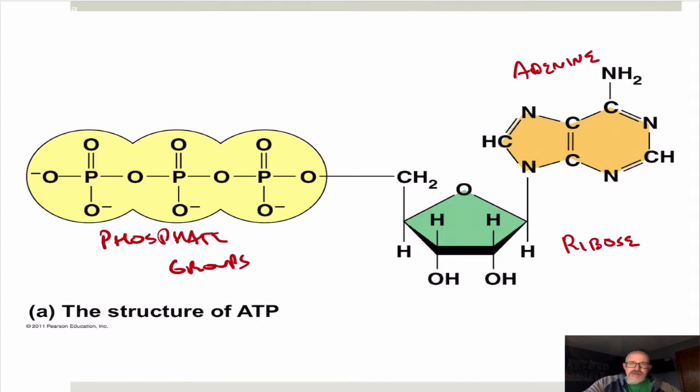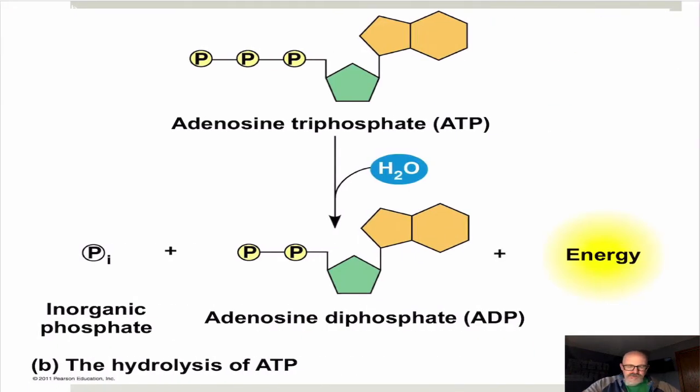Now, once you start to make this stuff, there is a lot going on with how it stores energy. There's this idea that the bonds between the phosphates in that ATP tail, so when you look at this portion right here, this tail, is where a lot of this energy is stored, and it has to be broken up. And we know the chemical reaction is called hydrolysis. So we add water, we break this thing up right there between that second and third phosphate, and when we do that, the terminal phosphate releases a bunch of energy.